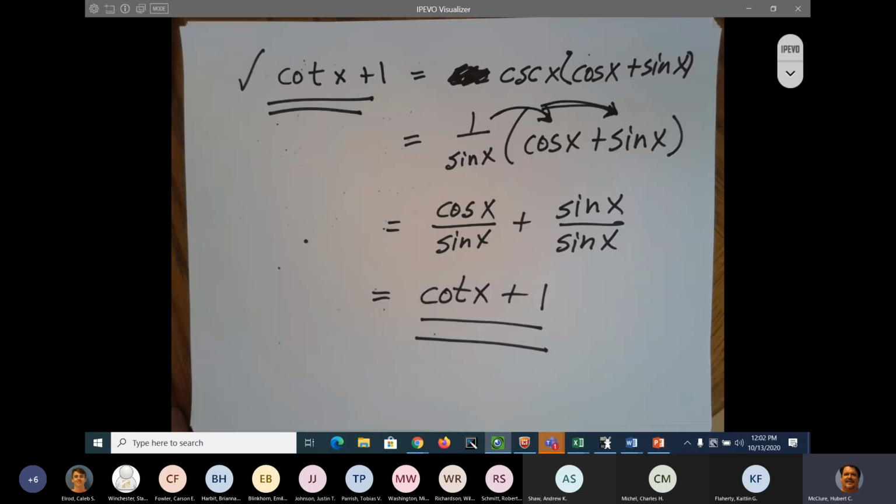Okay, some of you that never had identities before, any questions? Do you see what we're doing? We're basically rewriting and manipulating trigonometric sentences. You get it now?